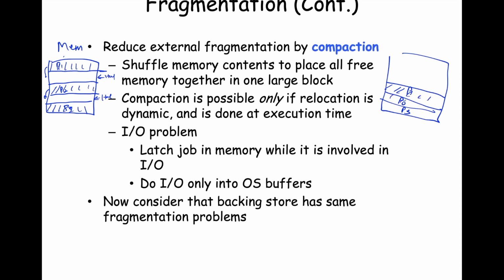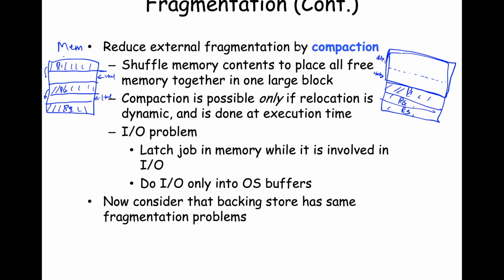What used to be hole 1 and hole 2, and I'll draw a dotted line to connote that, is now one big contiguous block of memory. That reduces the external fragmentation because you're shifting all of the processes around in memory using your relocation registers to free up a large contiguous block of memory.